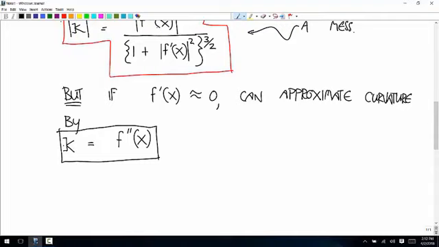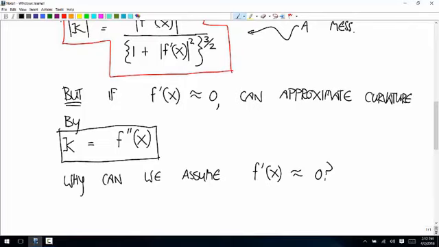So why does this work? Let's be clear about that. I think this helps understand what this function is that we're talking about. Why can we assume f prime of x is close to 0?